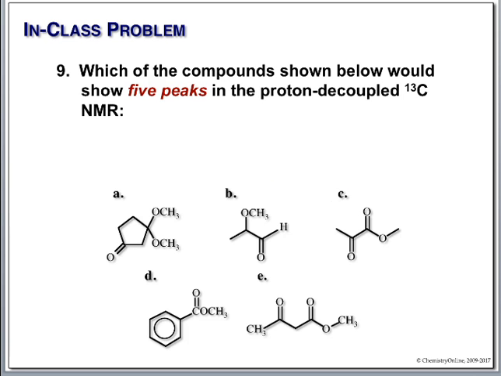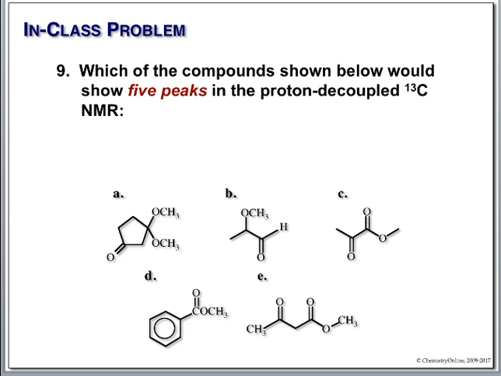All right, this next one, before I say it, think about it. How many unique carbons do we have for the C13? Well, clearly, we have an acyl carbonyl and a methyl group, right?